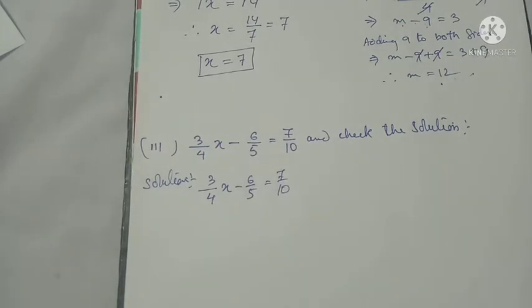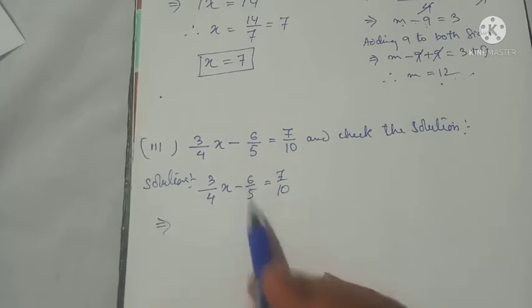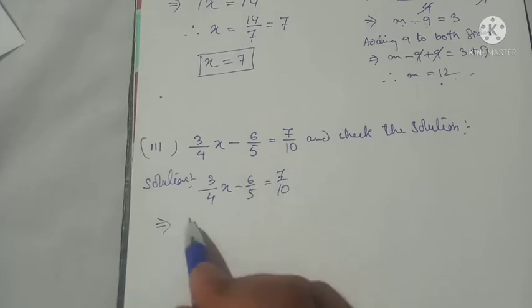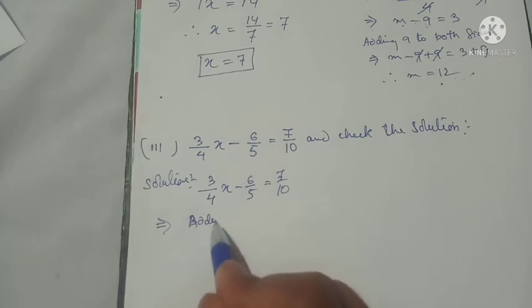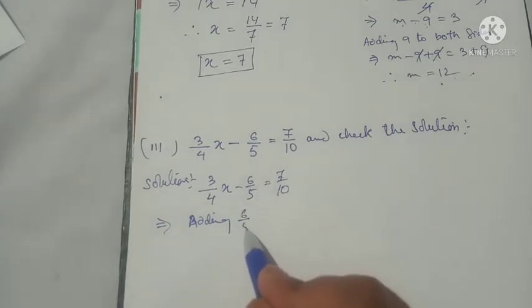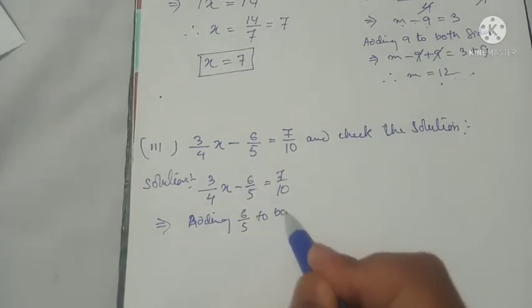The next step, what we have to do is, here also in the same thing, we have to eliminate minus 6 by 5. So in this case we have to add 6 by 5. So here, adding 6 by 5 to both sides.